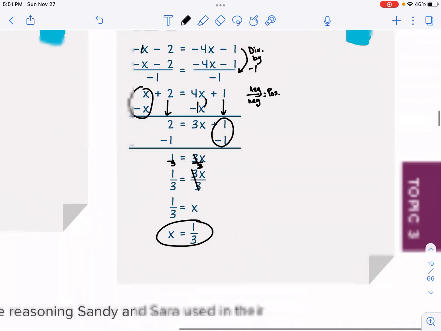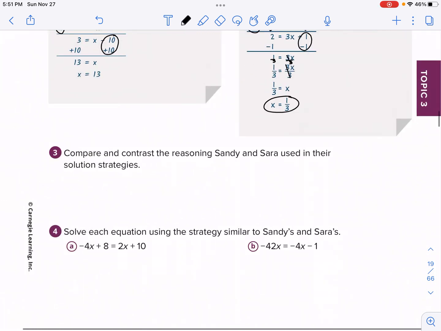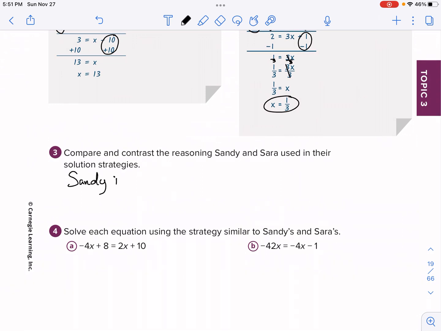Okay. All right. So let's go into compare and contrast here. What Sandy decided to do, sorry about that, is divide by 3. Right. Notice that everything was divisible by 3.